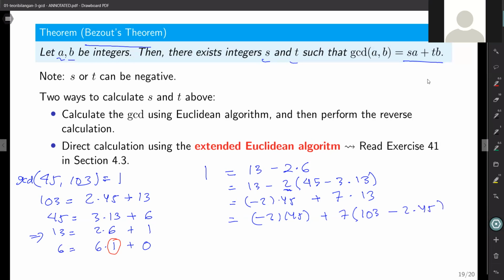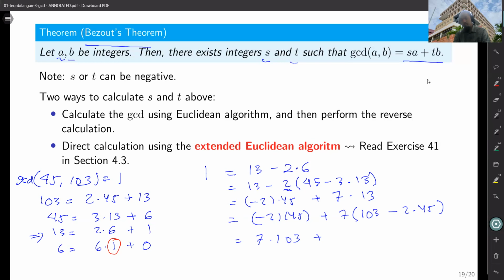And so, how about connecting them together? That means we have 7 times 103 and plus what? What is the coefficient of 45? Minus 16. Correct. So that would be the answer to that. The coefficient of 45 is minus 16 and the coefficient of 103 is 7.